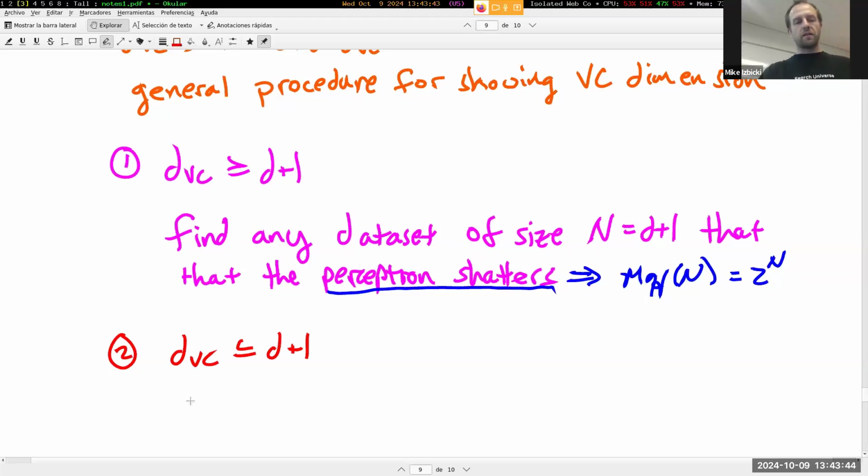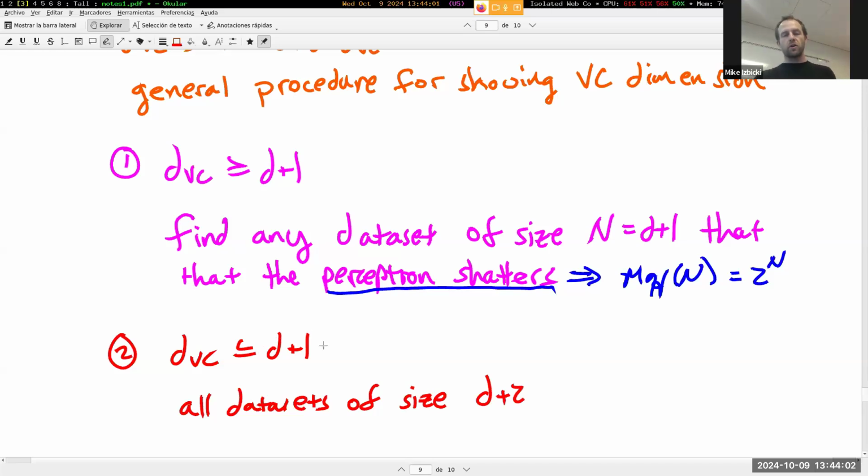We must show that all data sets of size D plus 2, or whatever the bound is that we're trying to show, plus 1, cannot be shattered.